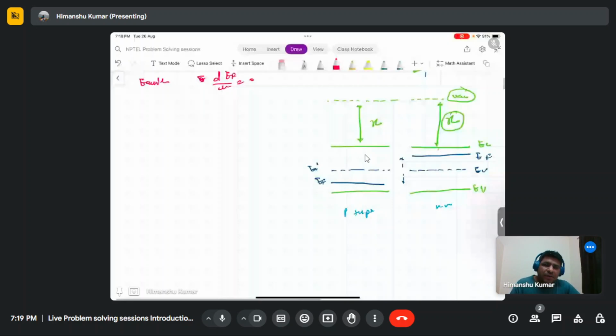If you dope with, say, 10 to the power 17, the electron concentration in the p side is much smaller than in the n side. Similarly, the hole concentration in the p side is much higher than in the n side, where p is Ni squared by Nd. Because of this concentration difference, the movement of holes and electrons will take place.